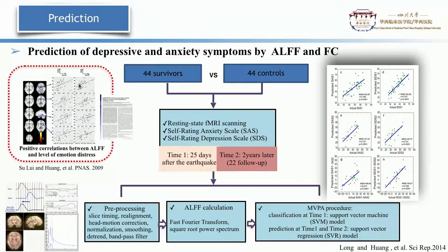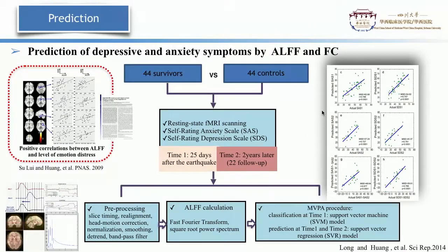With this first study, because they were highly correlated, we thought: is it possible to use this parameter to predict the symptoms of those subjects when they were scanned a second time after 2 years?